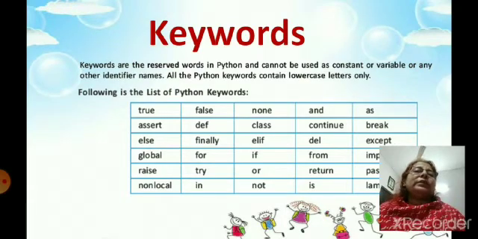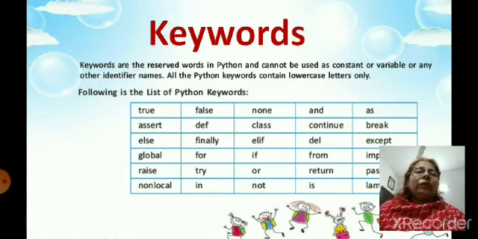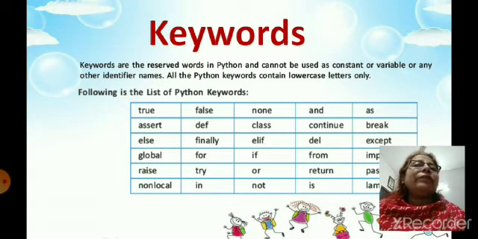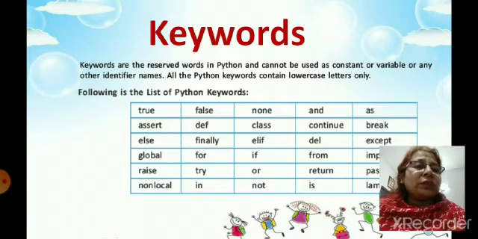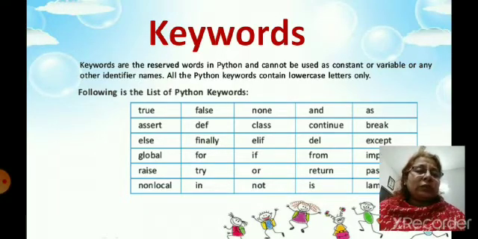Okay. Now reserved words, what are the reserved words? Reserved words are known as keywords, which are already used in the language for some commands, which you can't use as a variable or an identifier. Those are known as reserved words or keywords. Here is a list of keywords on your screen.